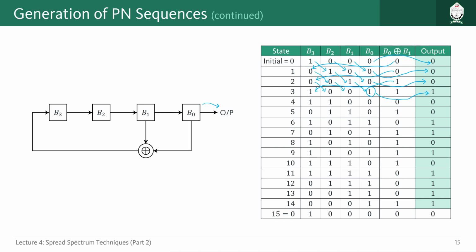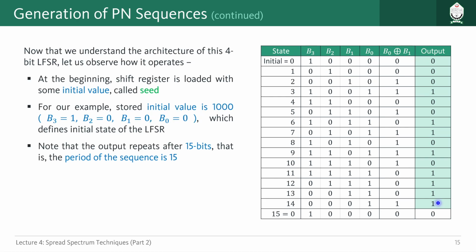So in this way we have to find out the value for each clock pulse. And if we keep doing that, we will see that when we reach state 15, we will have the exact same 4-bit sequence we used as our initial state. So 1 0 0 0 is again coming out here.